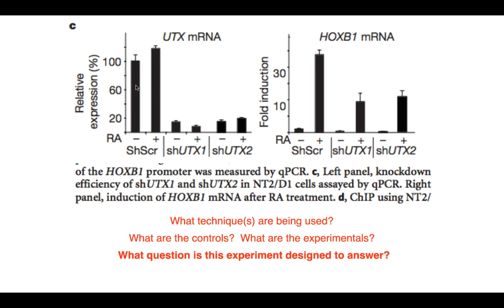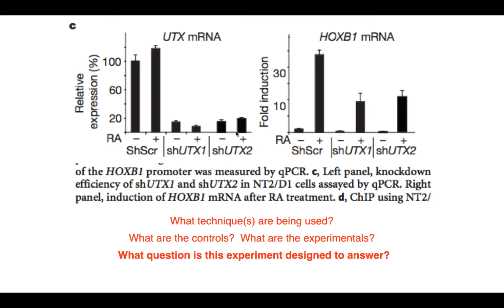Now this is our control, our negative control. It's just showing us how much UTX messenger RNA there normally is within a cell, whether we have the presence of retinoic acid or the absence. And now we look in the cells that are expressing microRNAs intended to knock down that UTX messenger RNA. Does it work? Heck yeah, it does. Look at this. The amount of UTX messenger RNA, whether we have retinoic acid or not, is extremely reduced, regardless of which construct we're using.